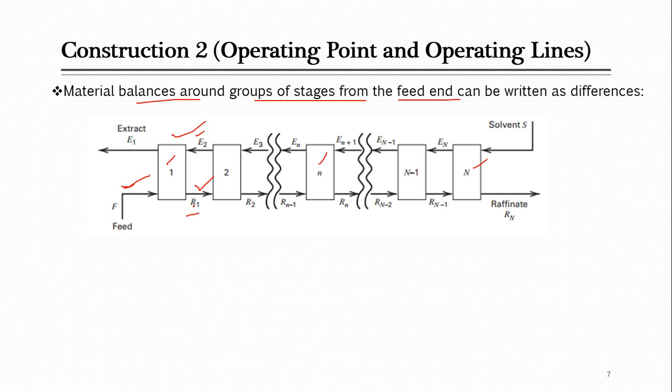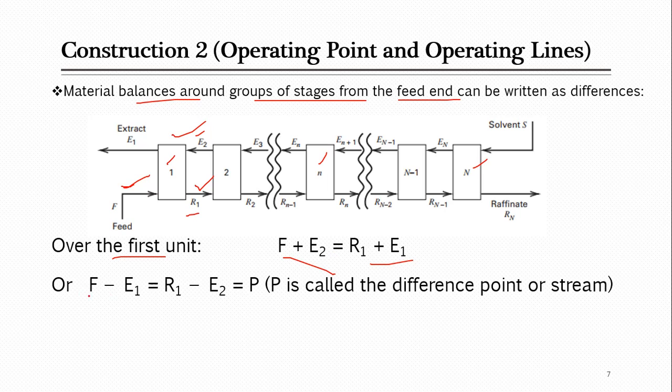If you write the material balance, input is equal to output, so on the first stage it will be F plus E2, because F plus E2 are entering and R1 and E1 are leaving. Now we can rewrite it in another way by rearranging. Feed stays here, I bring E1 over, and E2 moves to the other side.